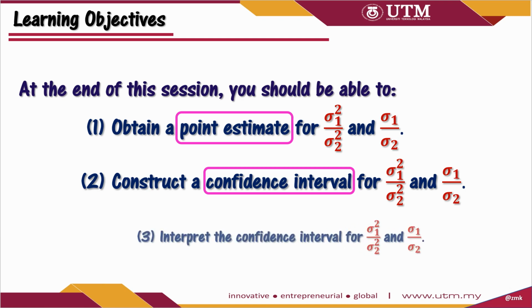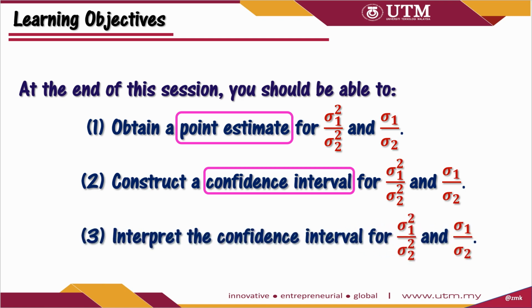And finally, you should be able to interpret the constructed confidence interval for the ratio of two population variances, and hence for the ratio of two population standard deviations.